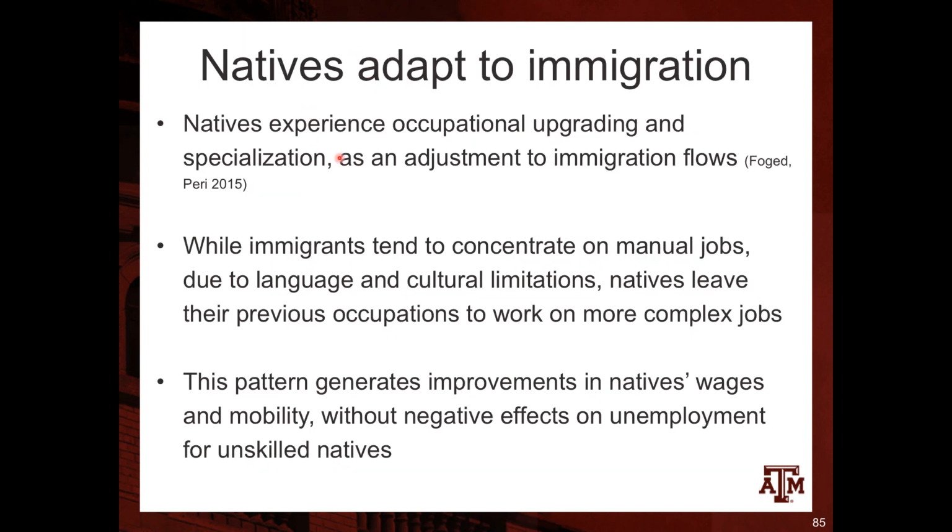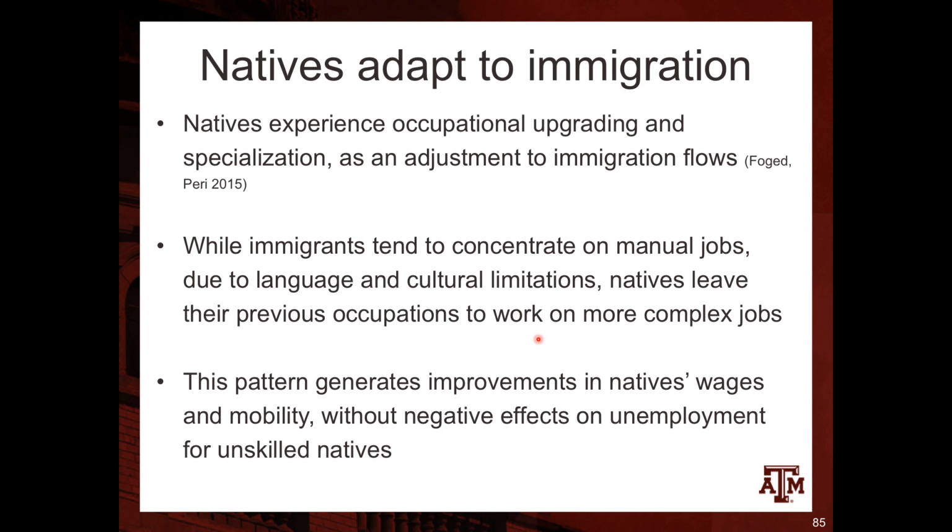And another set of economists also mentioned that natives adapt to immigration. Natives actually experience occupational upgrading and specialization as an adjustment to increasing immigration flows. While immigrants tend to concentrate on manual jobs due to language and cultural limitations, as we mentioned before, natives leave their previous occupations to work on more complex jobs.